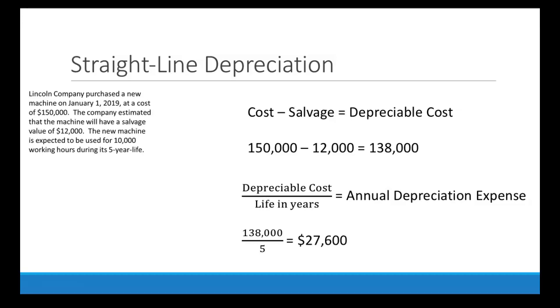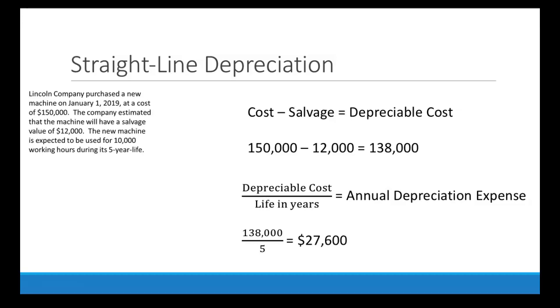Now, this is where knowing when we purchased the machine would come into play. If we purchased this machine on December 1st of 2019, and we wanted to figure out the depreciation expense for 2019, it wouldn't be $27,600 because we would have only had it for 1 month.